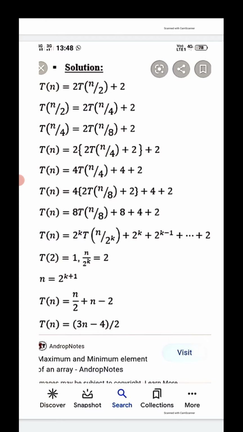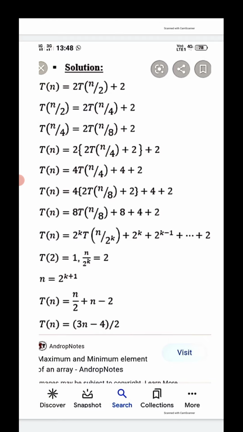Now in place of n, take n is equal to 2, that is, T of 2 is equal to 1. Then n by 2 power k is equal to 2 and n is equal to 2 power k plus 1. Substituting T of 2 is equal to 1, n by 2 power k is equal to 2 and n is equal to 2 power k plus 1.